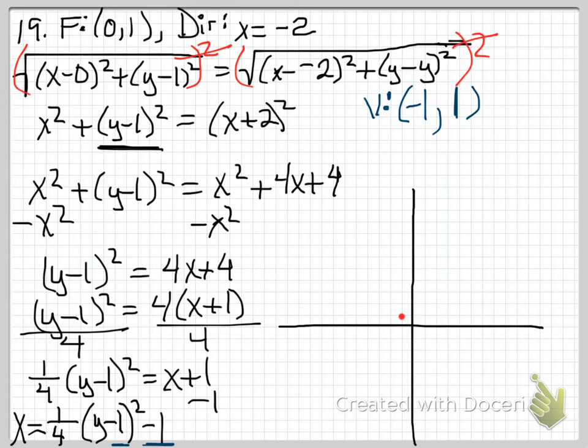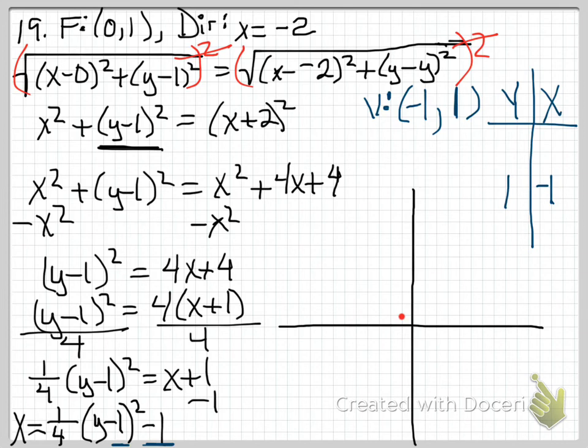Now, let's figure out a little T-chart real quick of 3 points. Okay? So we have y and x. Why did I reverse them? Because this is horizontal. So y is the independent variable, and x is the dependent. So whatever y is determines what x is. Remember, it's backwards. So we have our vertex.